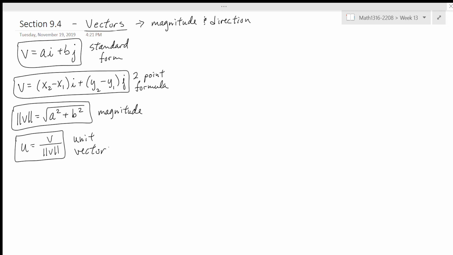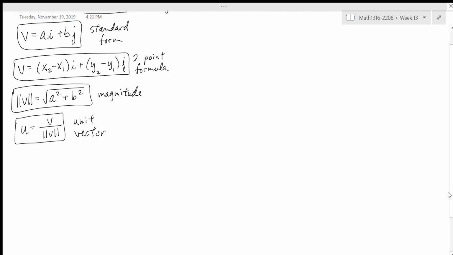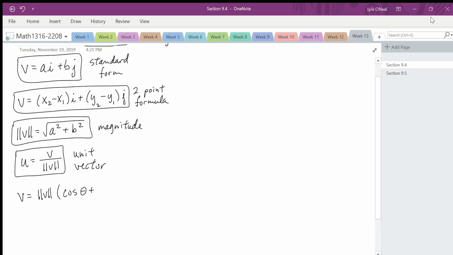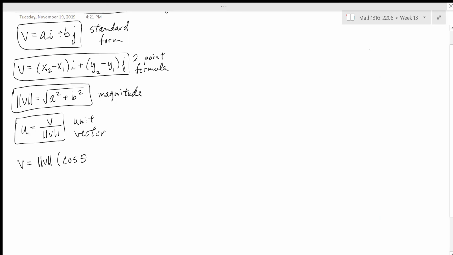All right, we have another formula. Let's see here. Cosine theta i plus sine theta j.